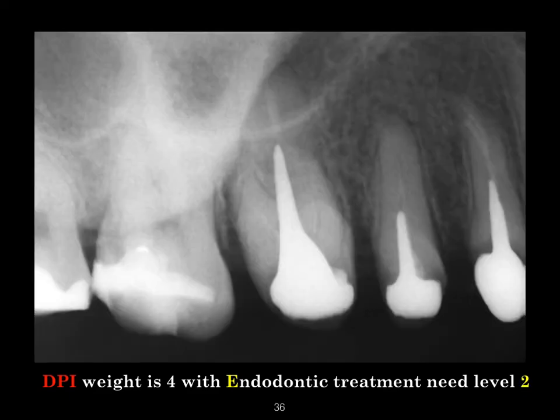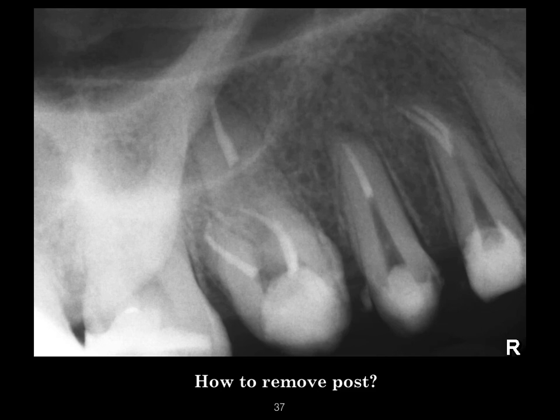The next case also has a dental practicality index of 4, and the endodontic treatment level is 2 because we have to remove the casted post and core. The next question is how to remove those casted post and core. The answer is usually vibration, which I will talk about in the next slide.